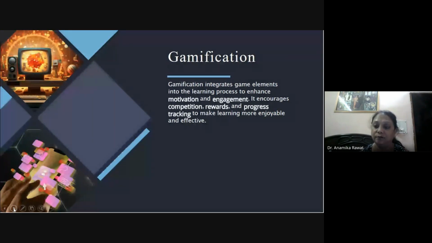They don't want to listen to you, but they are able to use mobile. If you give them an assignment, they are able to solve it on mobile. But if you give them an assignment in a theory way, they are not able to submit it properly because they don't want to write.